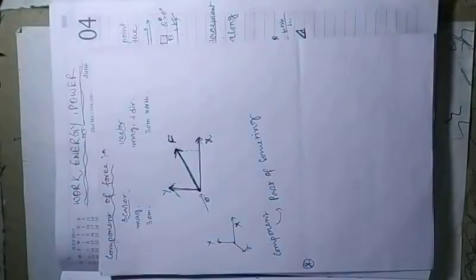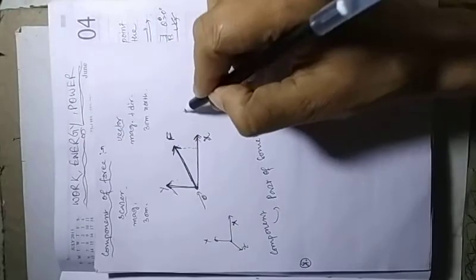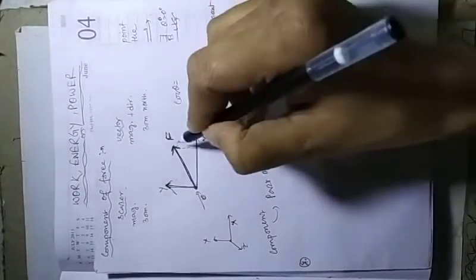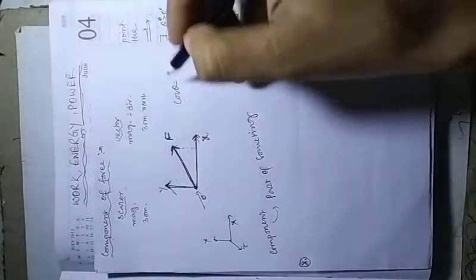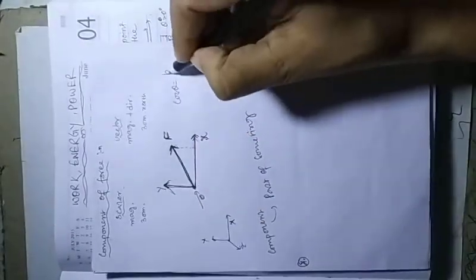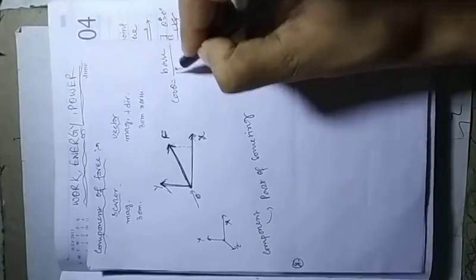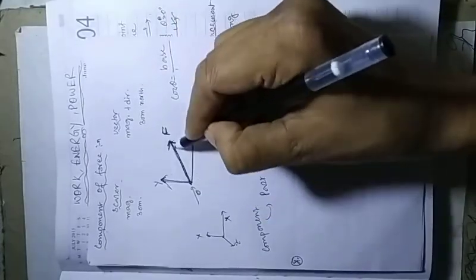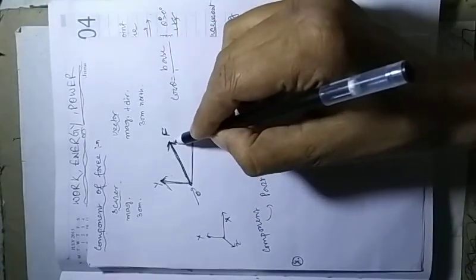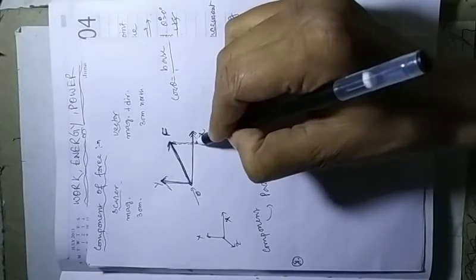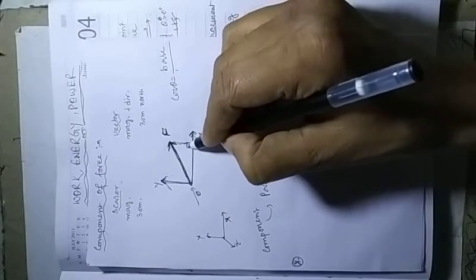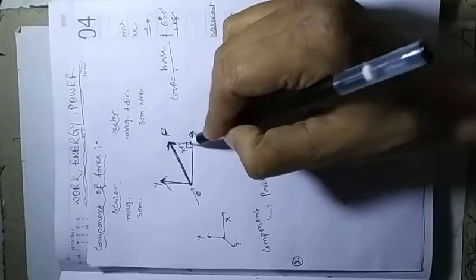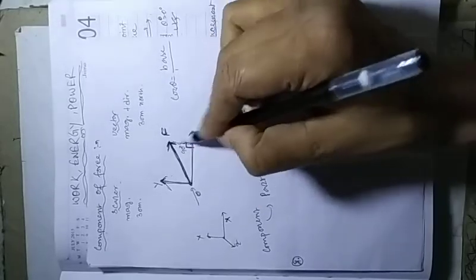Now students, if we calculate cos theta from here, cos theta is equal to base by hypotenuse. Hypotenuse is this one, F, the force, and if we draw a line joining that F with x, then this is the perpendicular, 90 degrees. This is a right angle triangle.